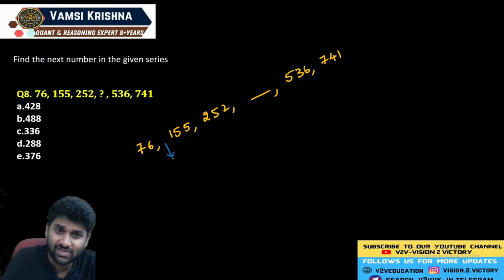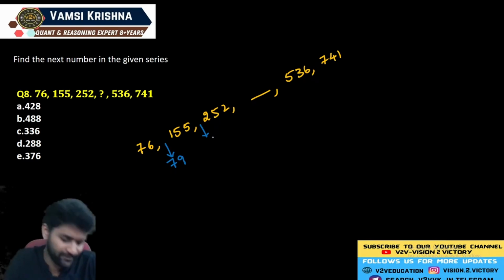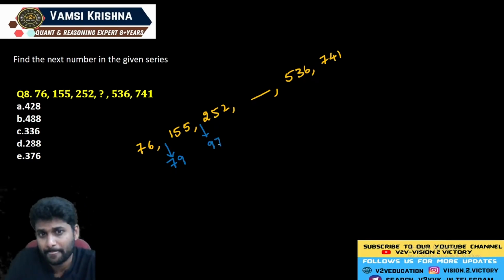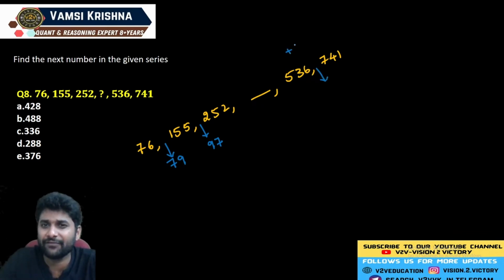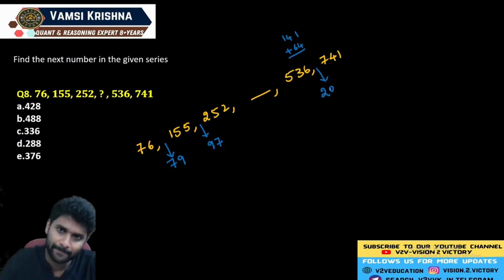It's a difference of 79 units. 155 and 252, it's a difference of exactly 97 units. The same way 536 and 741, guys. If you add 64, it becomes 600, right? So 600 means 141 is extra. So here the total difference is exactly equal to 205.